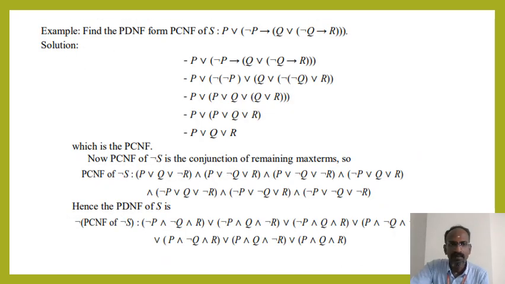Another example of finding the PDNF and PCNF for the statement (P or negation P conditional Q) or (negation Q conditional R).